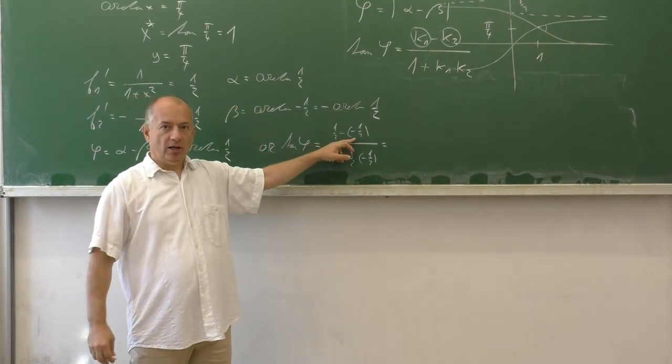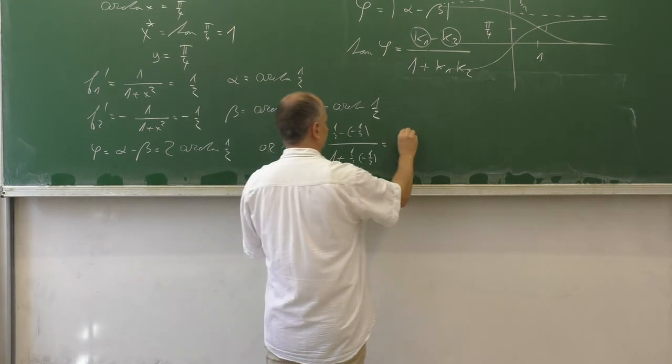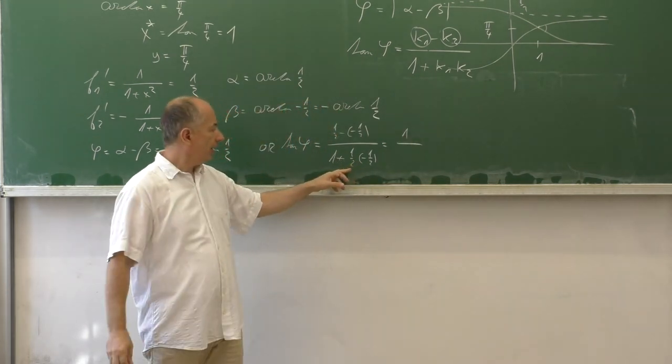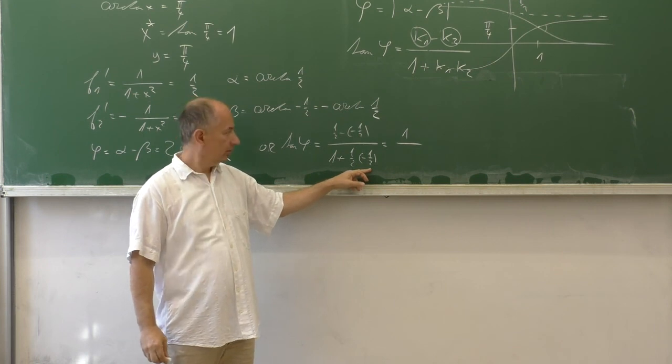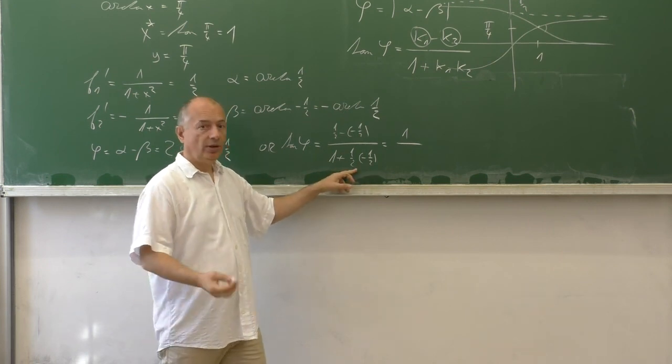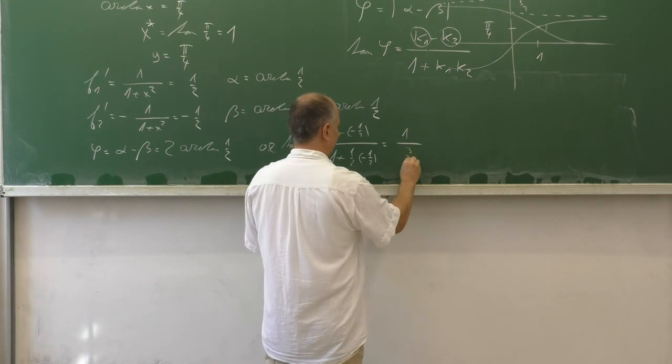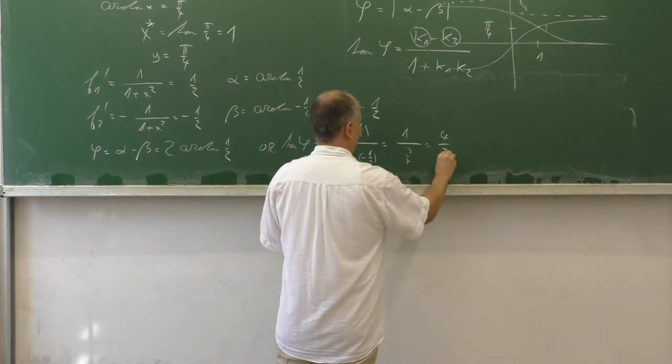Minus and minus gives plus, 1 half plus 1 half is 1. And here we have 1 half times minus 1 half is minus 1 quarter. 1 minus 1 quarter is 3 quarters. So we have 1 divided by 3 quarters, which is 4/3.